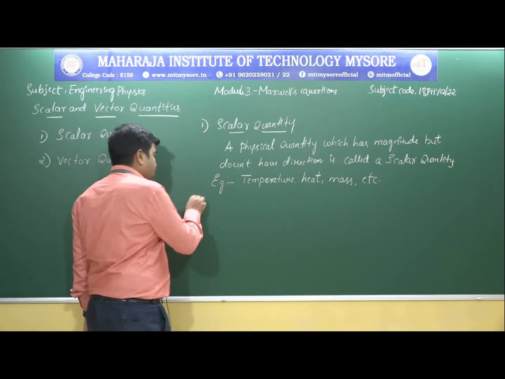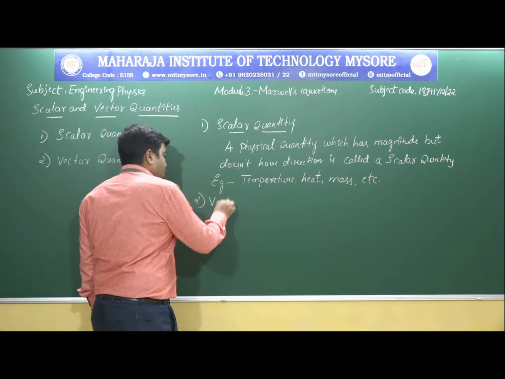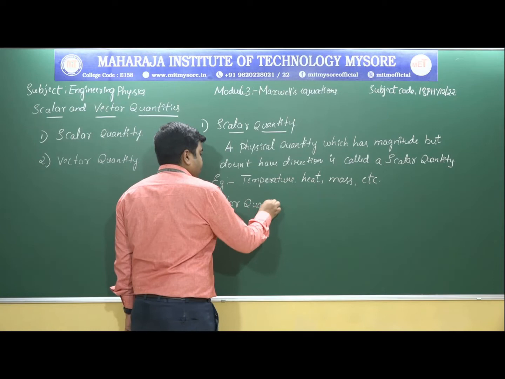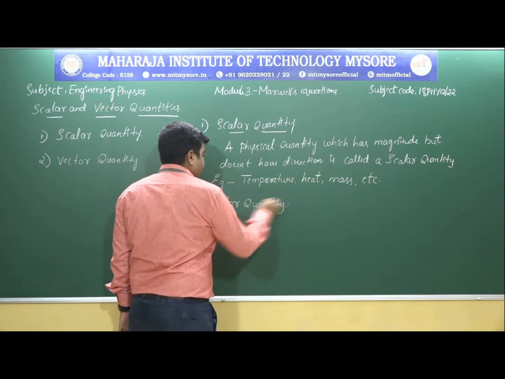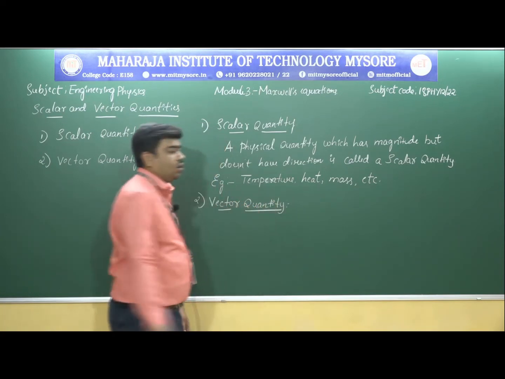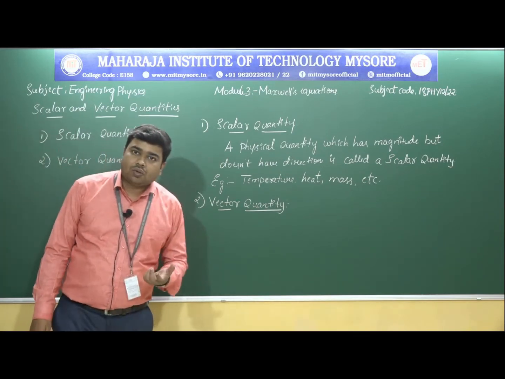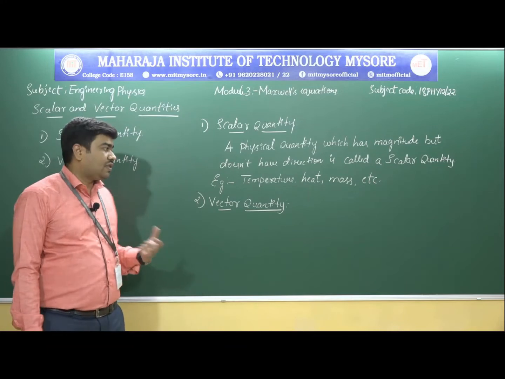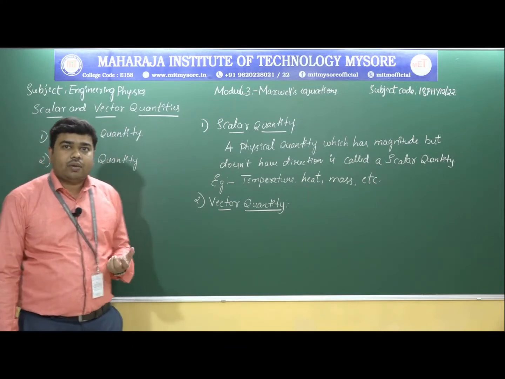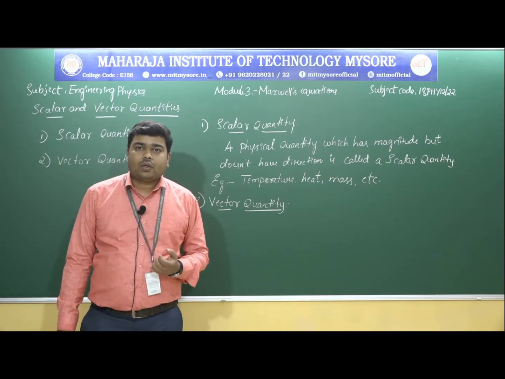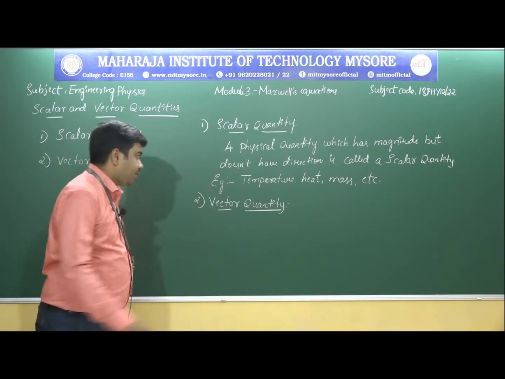Now, the second one is vector quantity. A physical quantity which has both magnitude and direction, or a physical quantity which can be defined by both magnitude and direction, such a physical quantity we call a vector quantity.